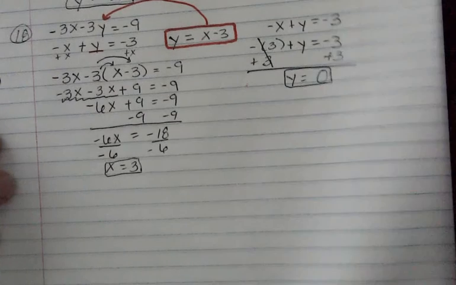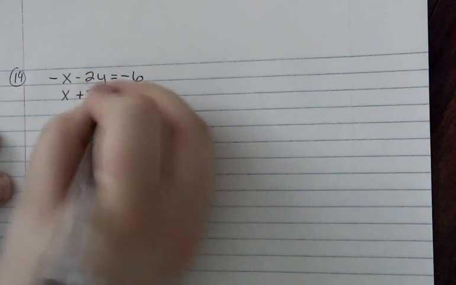Moving on to number 19. I have negative x minus 2y equals negative 6, and then x plus 3y equals 7.